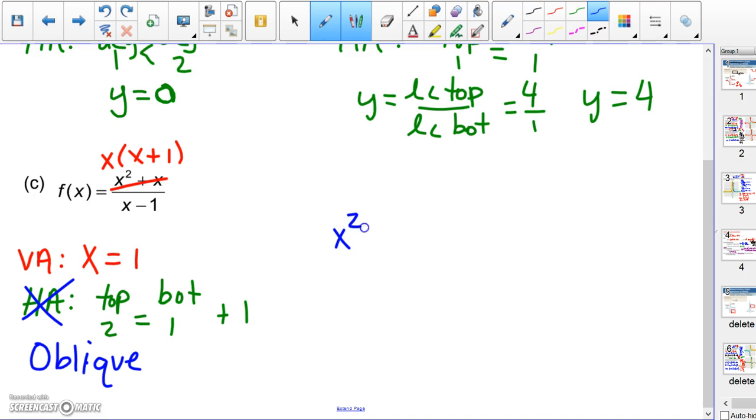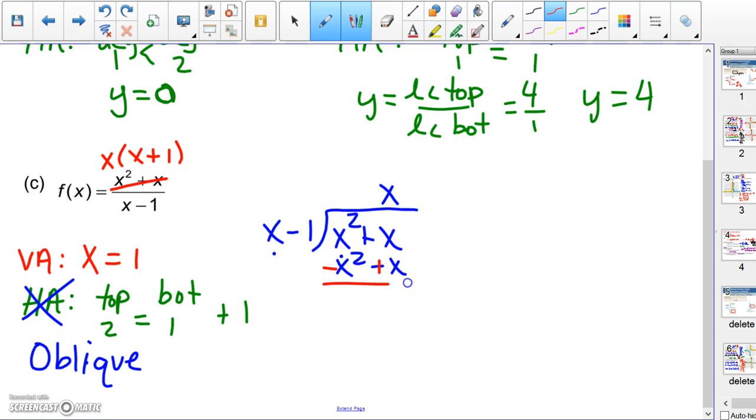So I know most of you don't like long division. You can do synthetic if you want, and that's fine. If I did long division, you divide here and here, you get x. You multiply x times x minus 1, that's x squared minus x. You subtract, which changes the signs, gives me 2x.